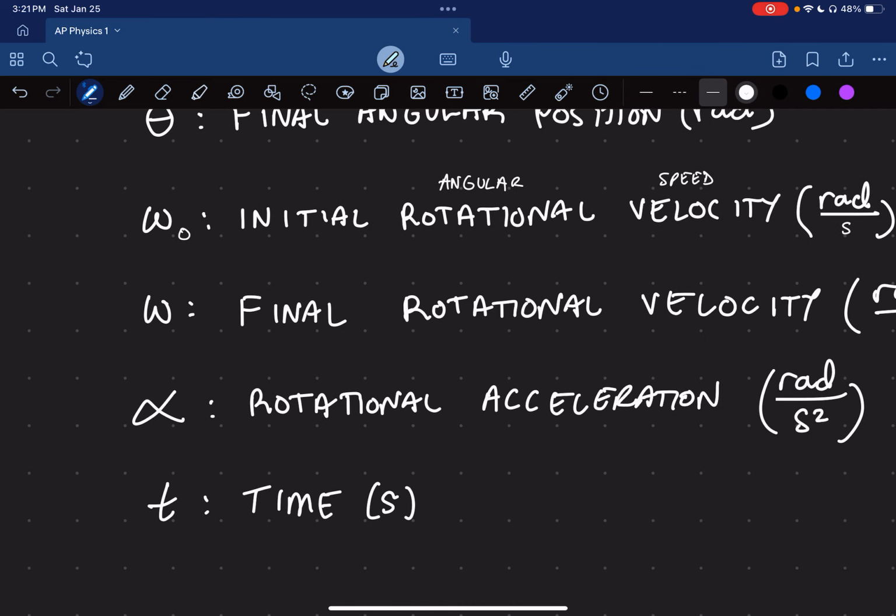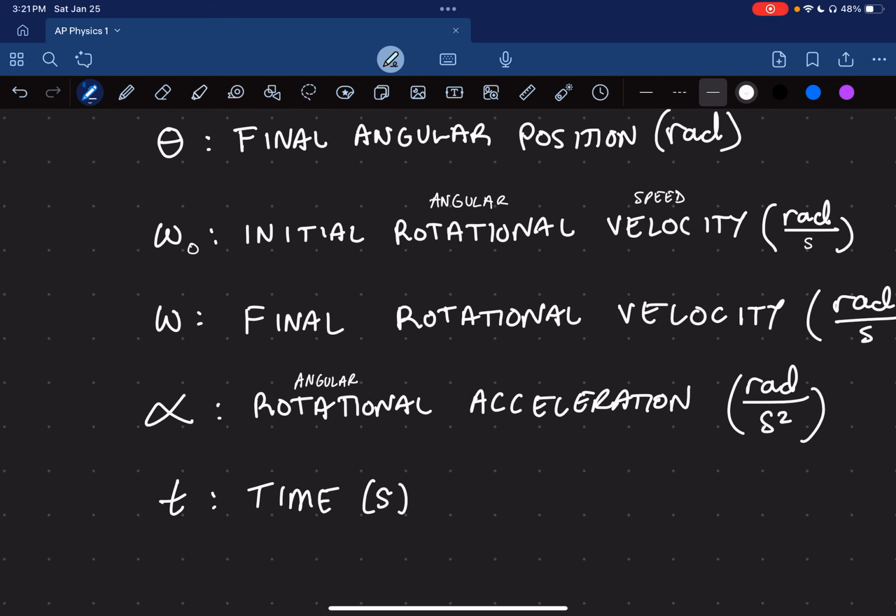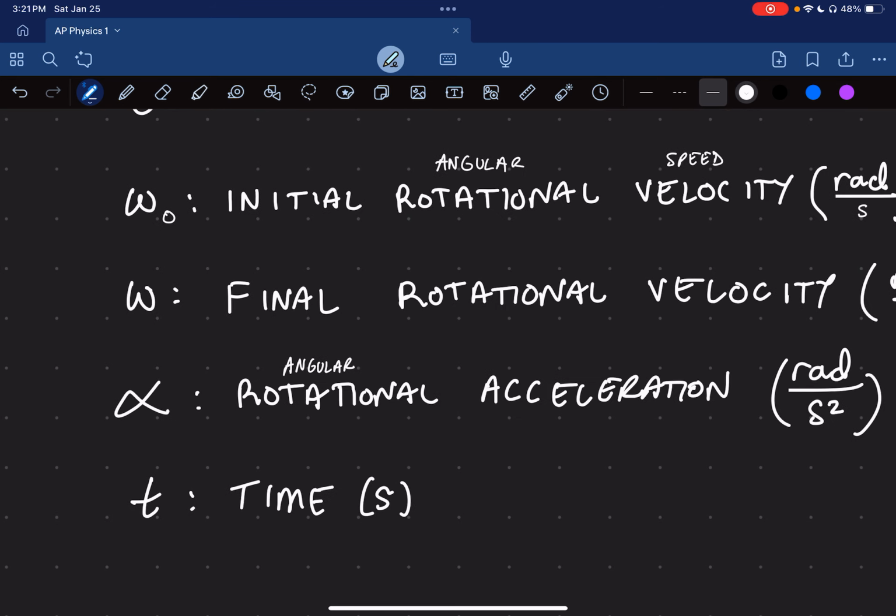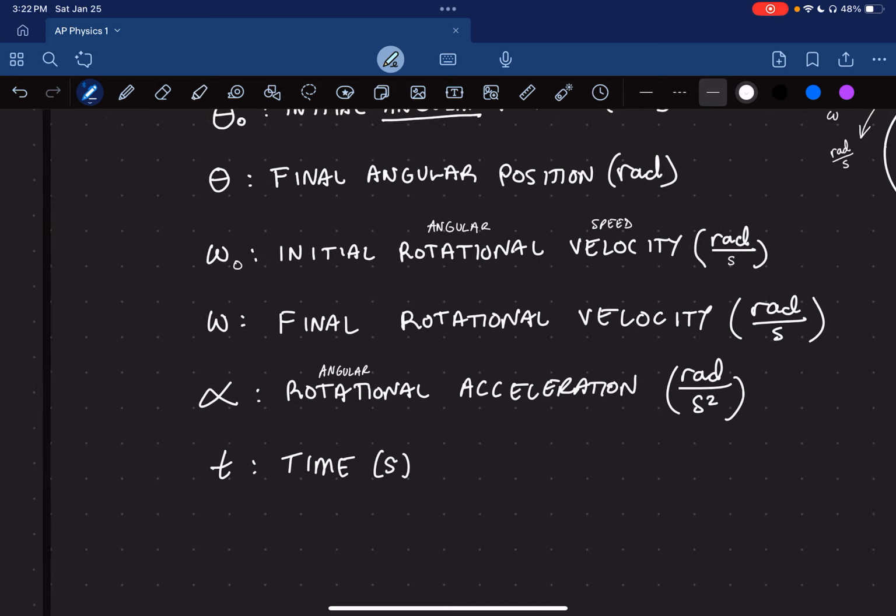You can also call it angular acceleration. I'm used to angular, so it drives me a little bit nuts trying to say rotational. But anyway, rotational acceleration, which of course is in radians per second squared. And t, of course, is time.